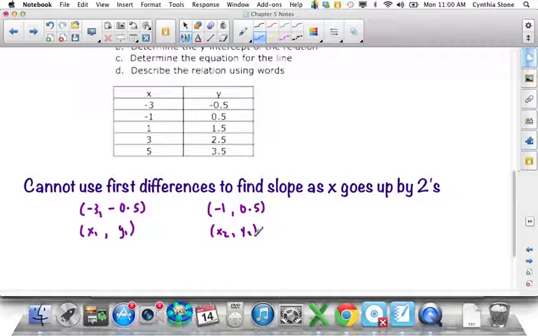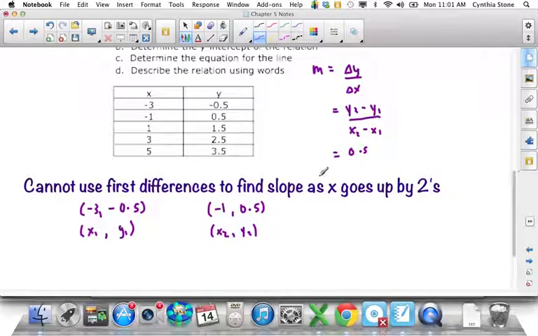And just remember that to find slope is change in y over change in x, right? Remember that triangle means change in y over change in x, which is equal to y2 minus y1 over x2 minus x1. So all I have to do is substitute in the numbers and calculate my slope. So here's my y2, right, 0.5. And here's my y1.